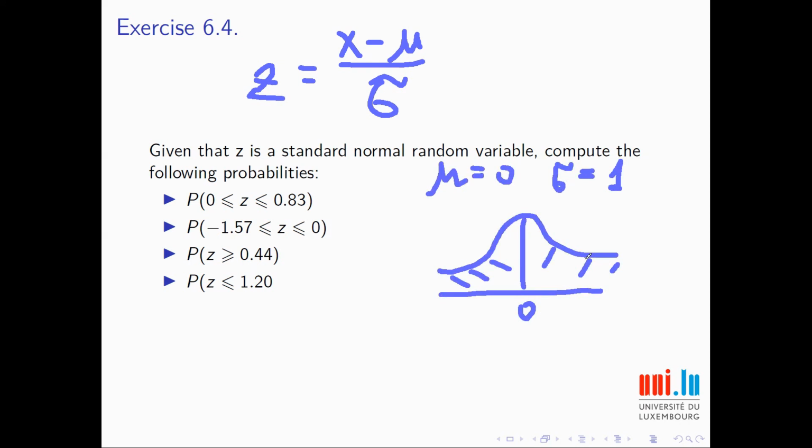And what else? The total area under the curve is equal to 1, so it means that for a normally distributed random variable, the area under each tail is equal to 0.5, and then the sum is equal to 1.